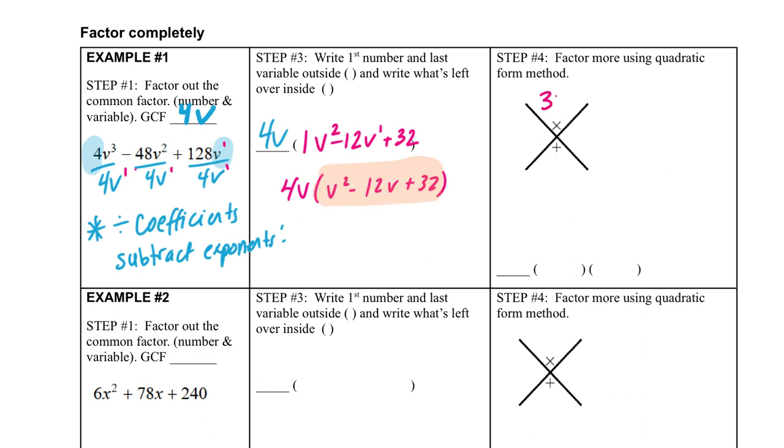So I'm putting the 32 in the top, negative 12 in the bottom, and I have negative 8 and negative 4. So my 4v, it comes along, doesn't get to play, just make sure it's always there. And I have v minus 8 and v minus 4. There is not a squared on this exponent, just stays to the first because my problem was just v squared.